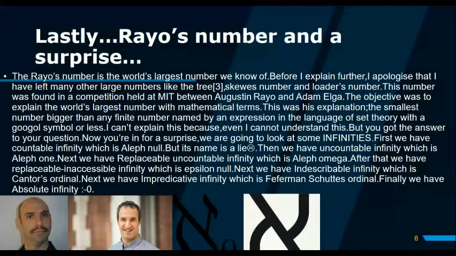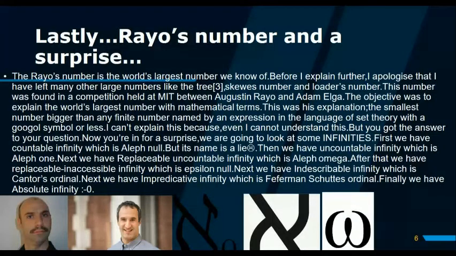Then we have uncountable infinity, which is aleph 1. You see that ℵ and 1 there? That is aleph 1. Next we have regular uncountable infinity, which is aleph omega. After that we have inaccessible infinity, which is epsilon null.